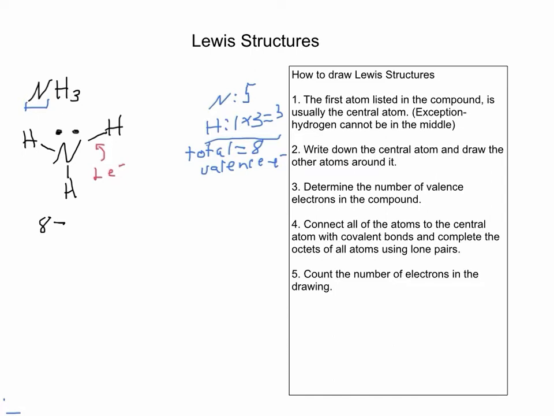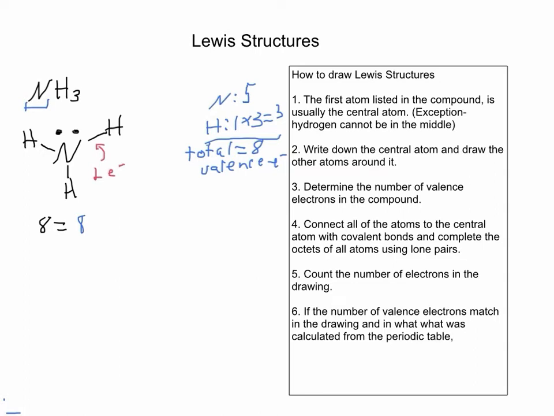And this is equal to the 8 valence electrons that we counted that we actually have available to us to use. And so if these numbers match, in the drawing and in what was calculated from the periodic table, you are done.